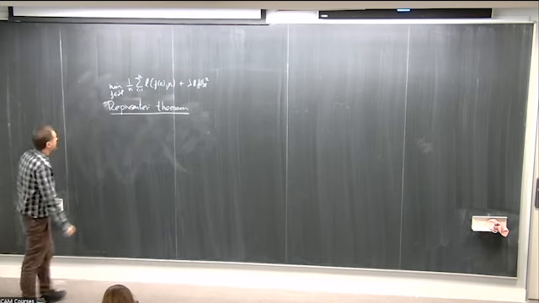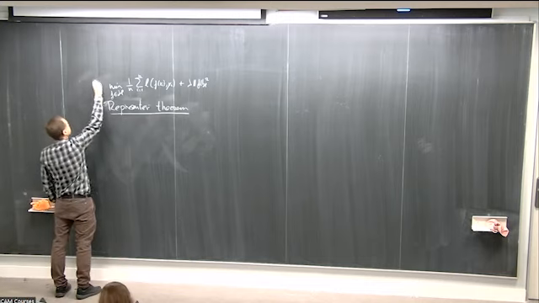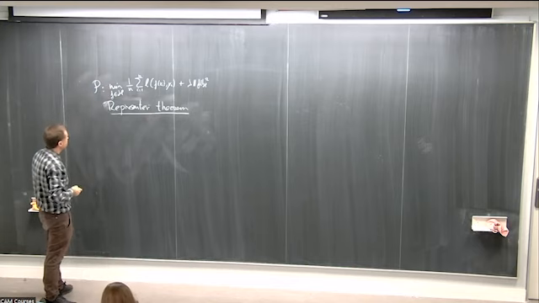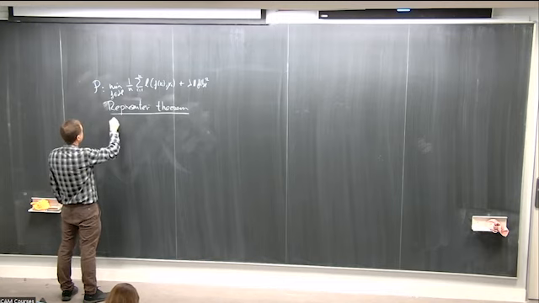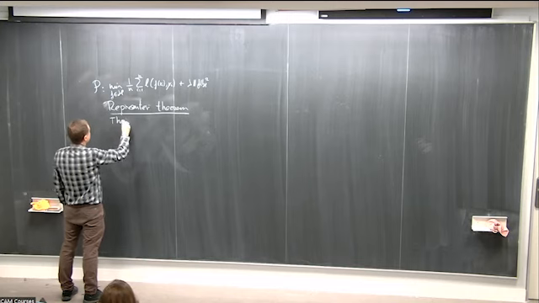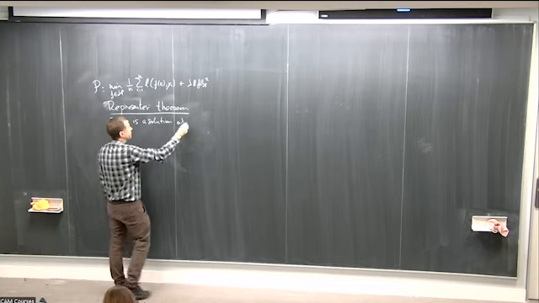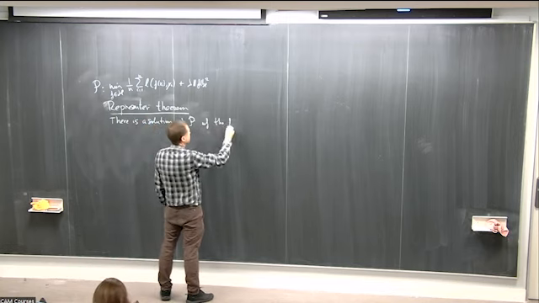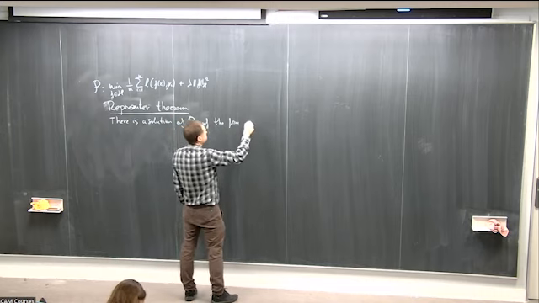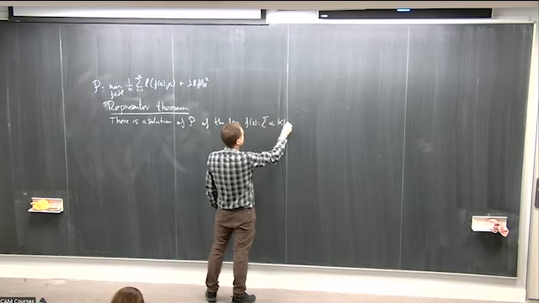So the representer theorem for this type of techniques says that, let's call this optimization problem P, there is a solution of P of the form f of x equal to the sum of alpha_i k(x_i, x).